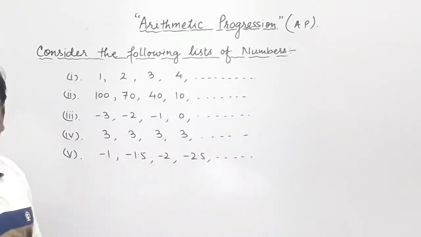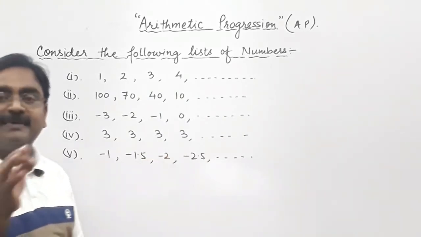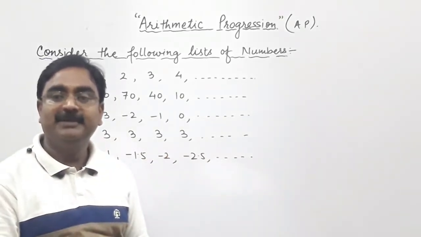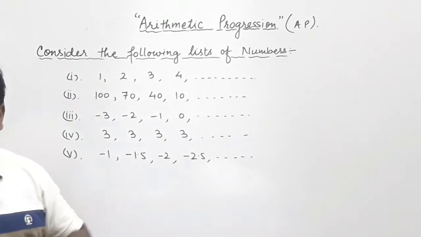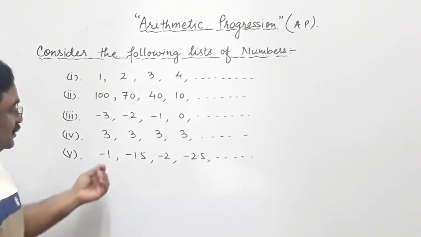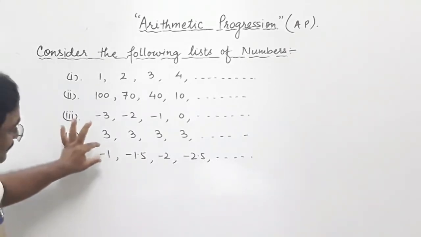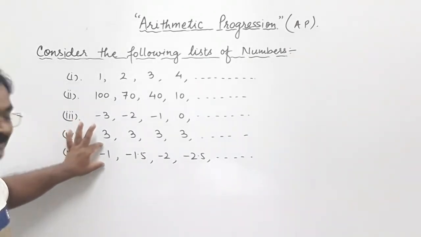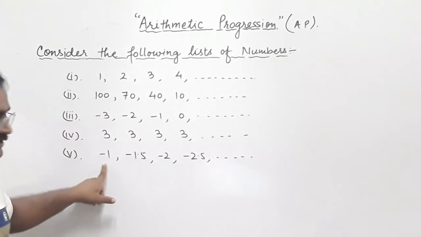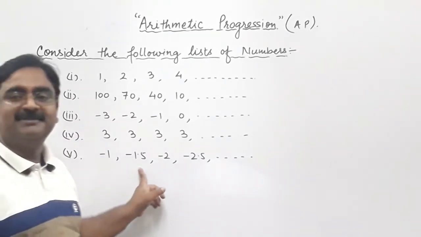Children, the bigger the number that has a minus sign, that number will be that much less than the preceding number. So what pattern is being followed here? When you subtract 0.5 from this, you will get the next number.